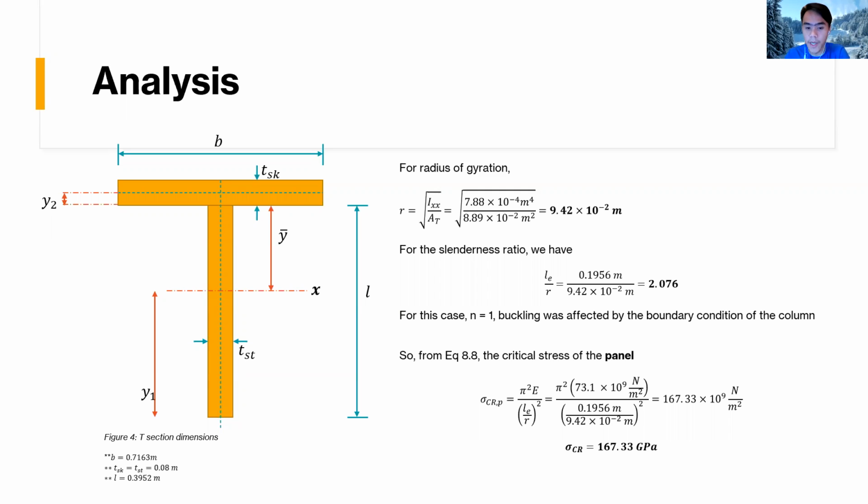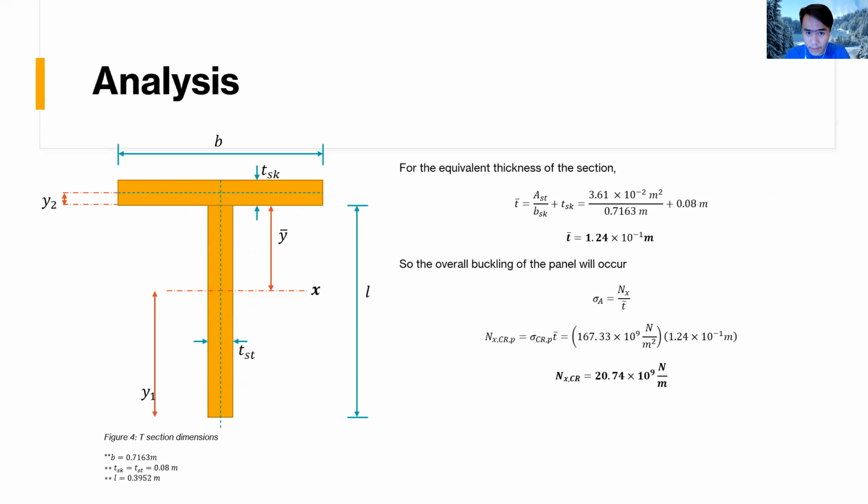For the panel, the critical stress is dependent on the slenderness ratio, but for the others, it depends on other dimensions. For the critical stress of the panel, we arrived at 167.33 GPa.